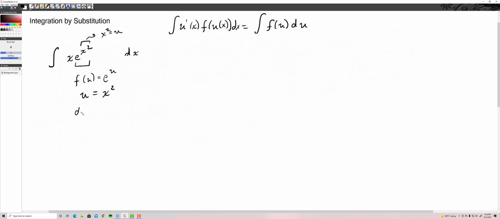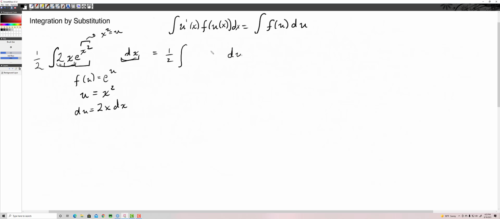Now du, again, 2x dx. I have an x dx. I need a 2x dx, so I'm going to go ahead and do that trick I did before, where I sort of just bring it in. Now I've got my full du here, and I can continue keeping that constant in front.